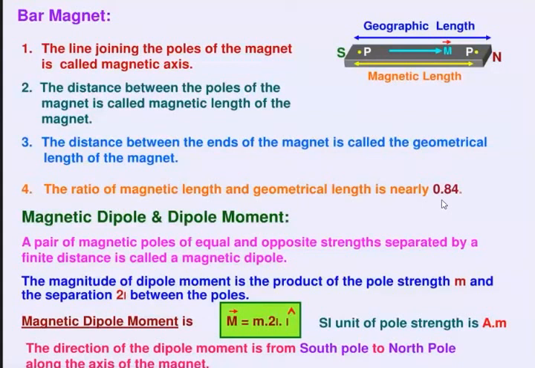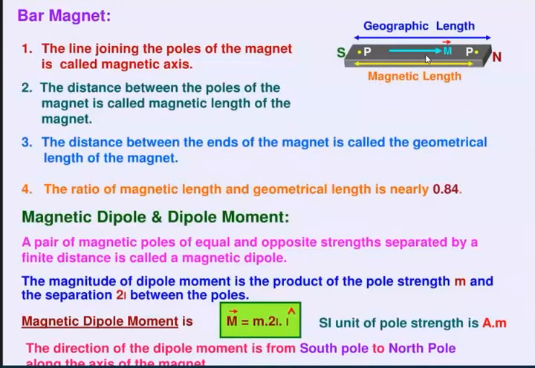So keep in mind, because it might be asked in objective questions. So far we have learned about every part of a bar magnet: poles of a magnet, dipole length or magnetic length of a magnet, and geometric length of a magnet.